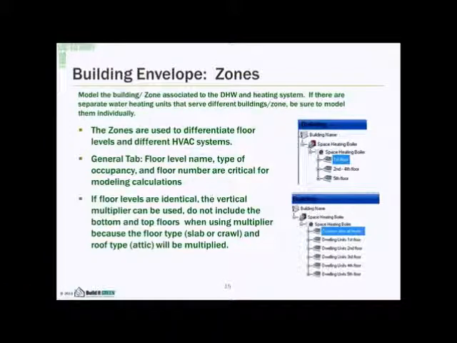Okay, so the building envelope zone. After you have built out your domestic hot water and your space heating equipment, you're going to define what zones the HVAC system and the domestic hot water system are serving. With my building example, I only have one domestic hot water system and one HVAC system.